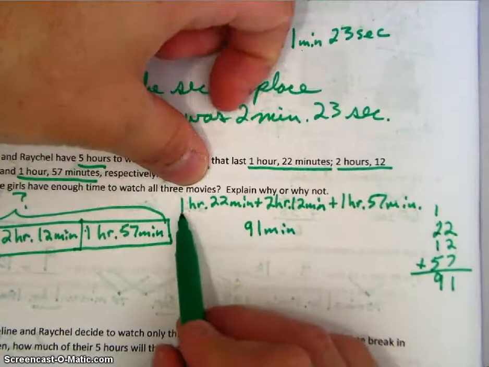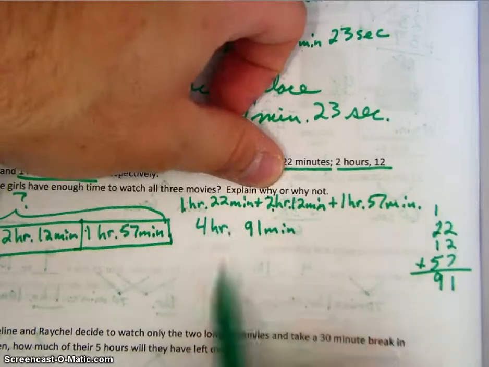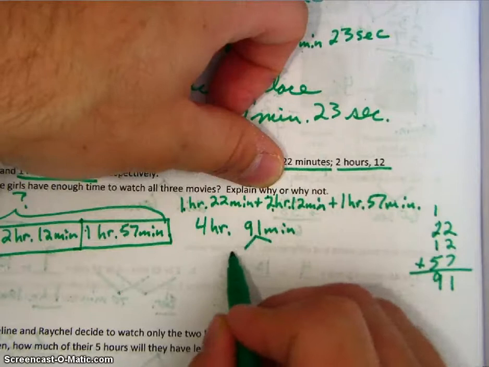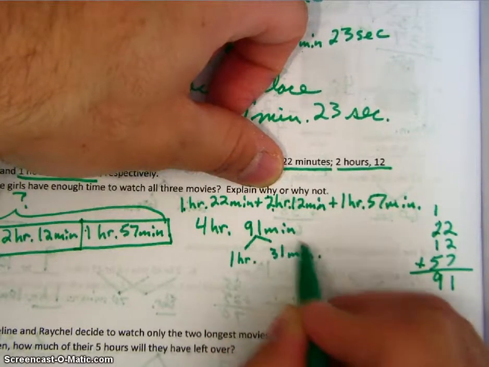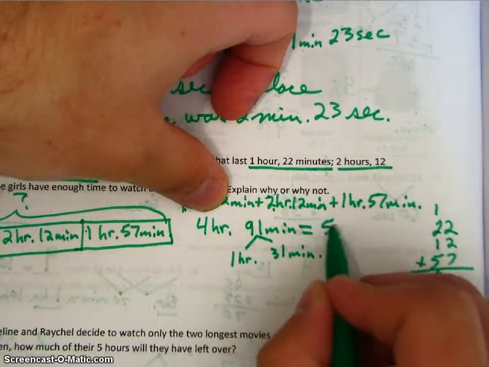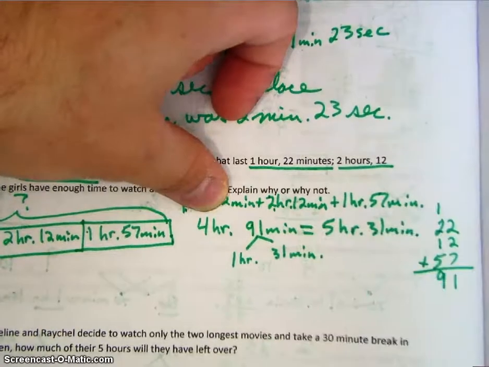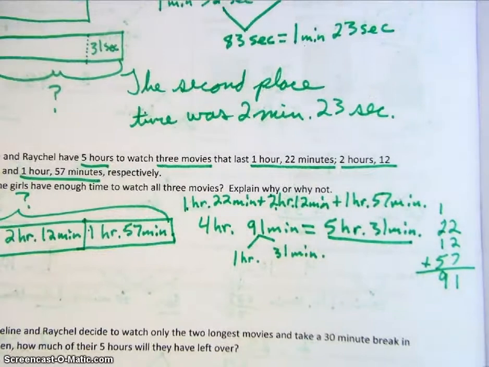And adding up our hours, we have 1, 2, 3, 4. So we have 4 hours, 91 minutes. Let's convert the minutes into 1 hour and 31 minutes. So now we have a total of 5 hours, 31 minutes. That's the total amount of time for all 3 movies.